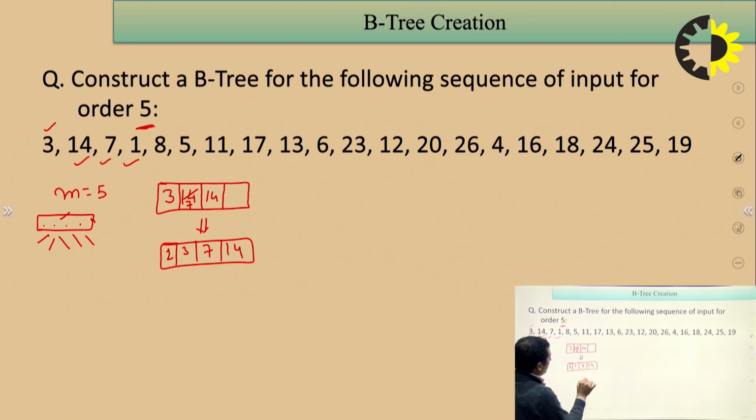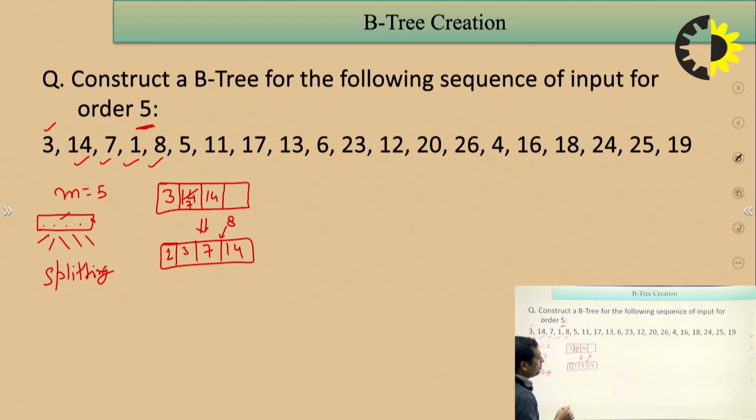Now 8 will come, but there is no space. If there were space, the place of 8 should be in ascending order, 1, 3, 7, 8, 14. Now we will perform the splitting operation. What will be the splitting point? The middle of these 5 keys, 1, 2, 3, 4, 5.